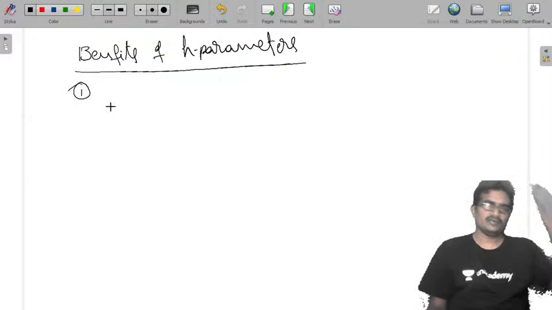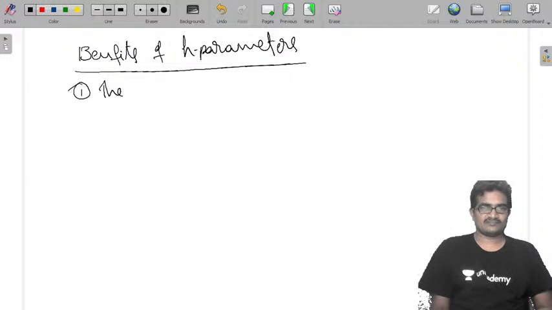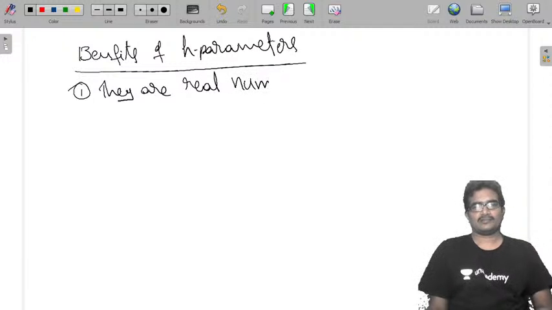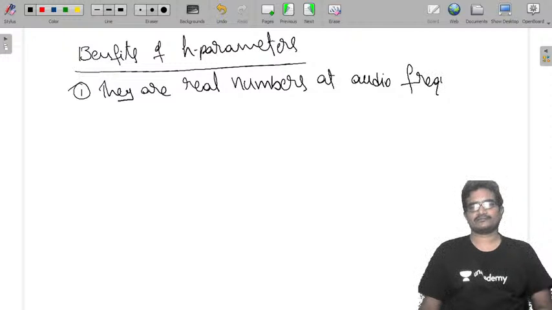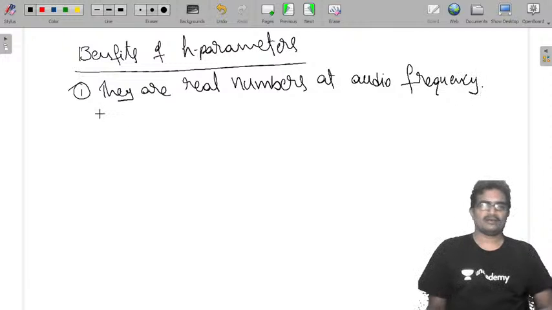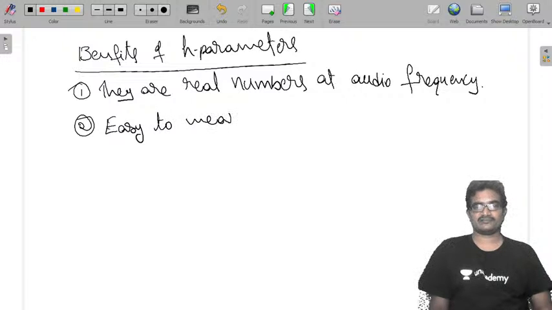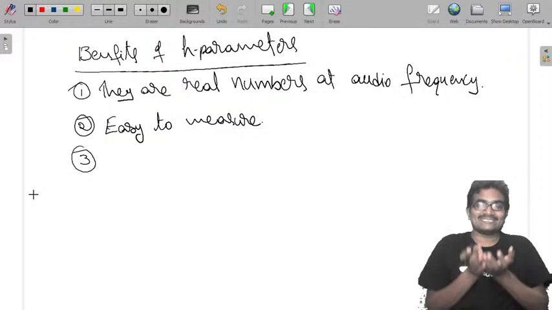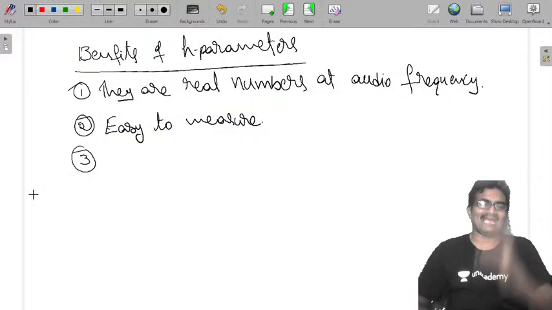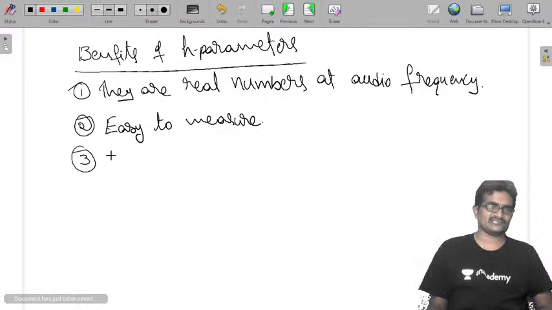First one is, they are real numbers at audio frequency. Second one is, it is easy to measure. We can easily measure that. Third one is, we can obtain these parameters from static characteristics of the transistor.